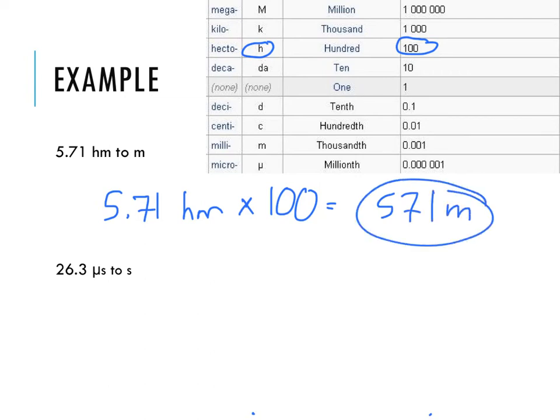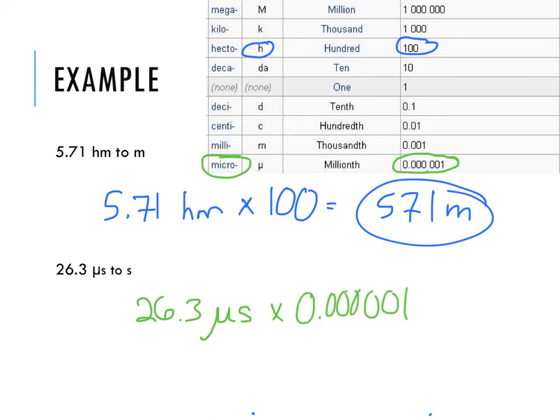And last but not least, let's say we've got 26.3 microseconds. A micro looks kind of like a backwards U with a long left side. A microsecond, we can see right here, is a millionth, 0.000001 of a second. So I'm going to multiply by 0.000001.